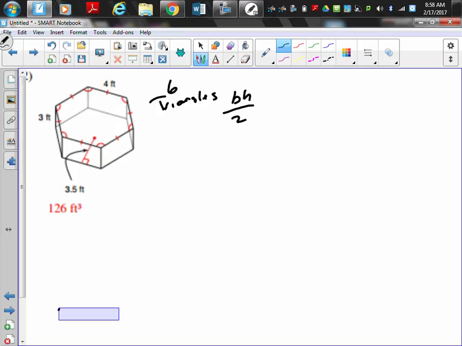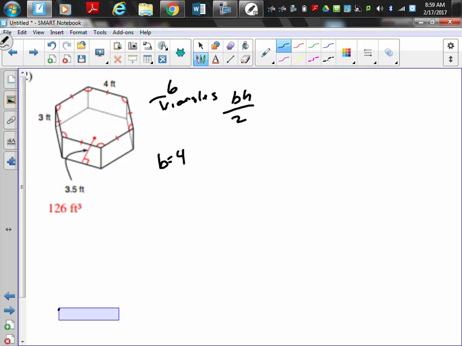Now, what is my base? How big is the side? Not how tall it is. 4. We know it's 4 because these all are marked. So my base is 4.